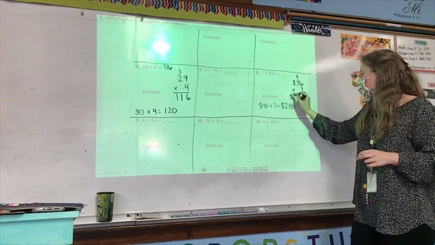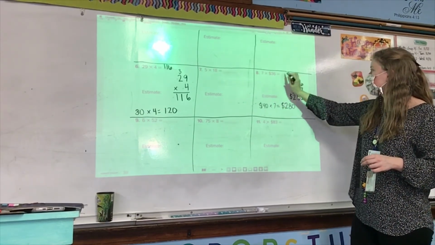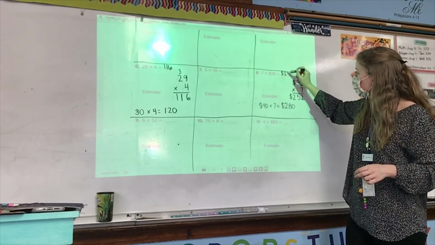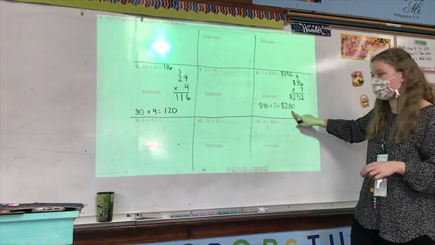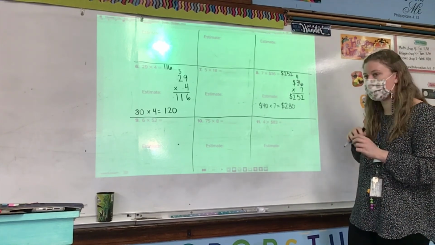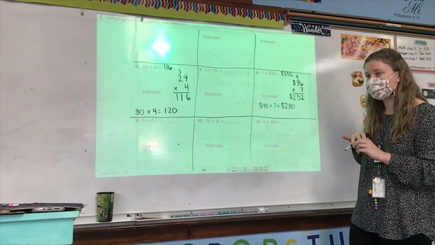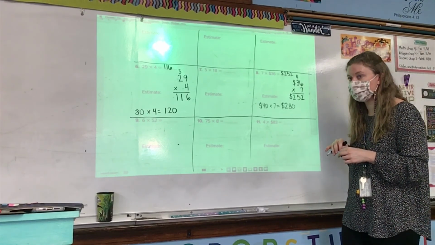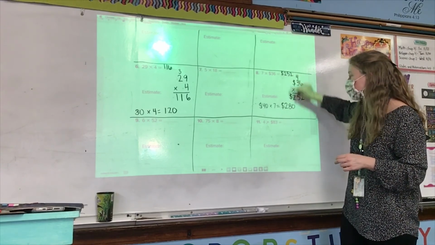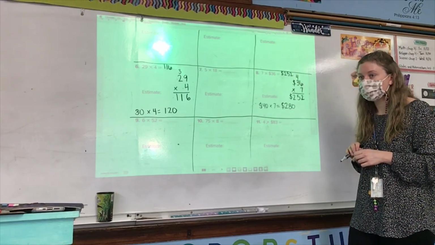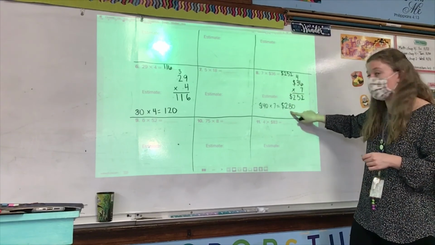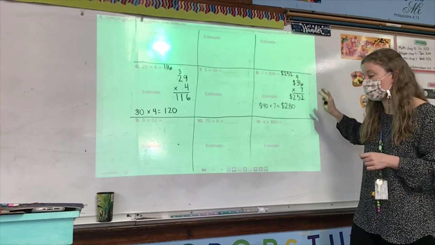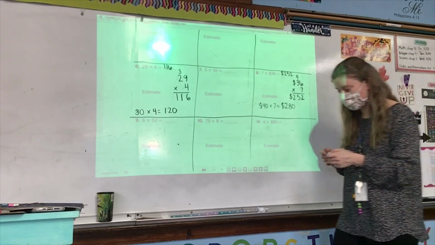A dollar sign, which means that 7 times $36 is $252. Is that within 5/10 of 280? Look at the digits in the tens place. Are they within 5? They're more than 5 digits away. So are they correct? Are we reasonable? Yes. Okay.